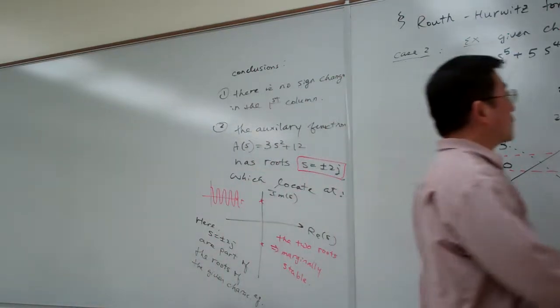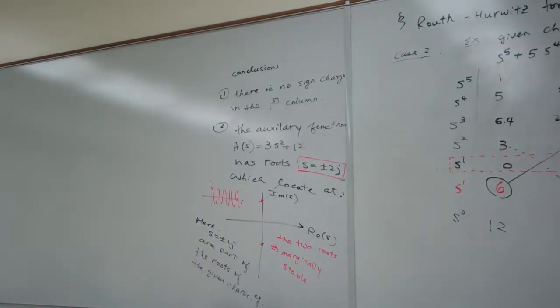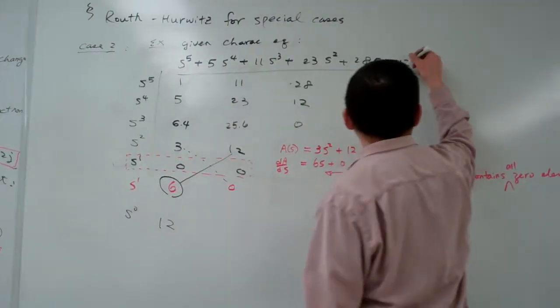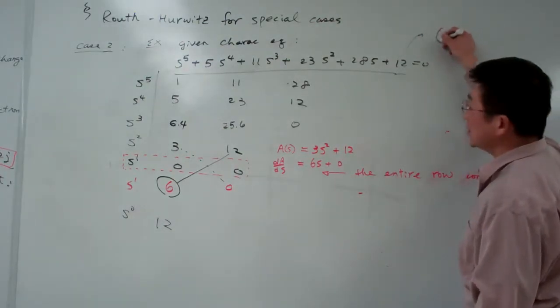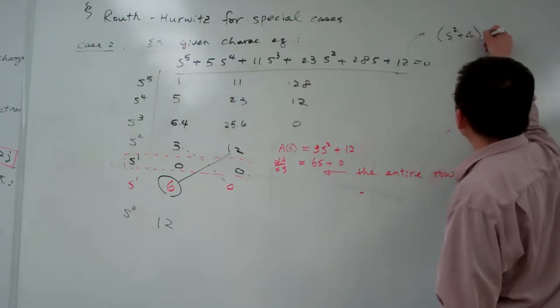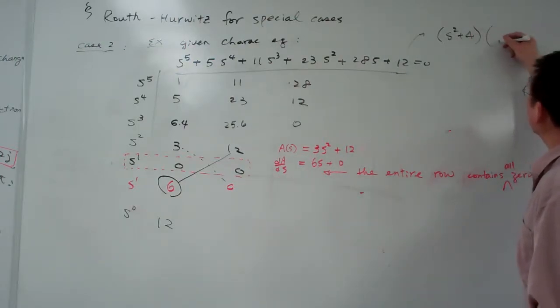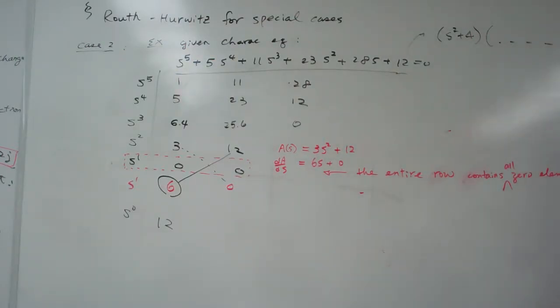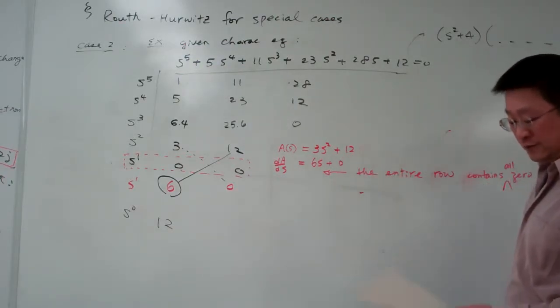That means the characteristic polynomial has at least the factor s squared plus 4, and then we can figure out the remaining part. So that is a hint we can obtain from the auxiliary function.